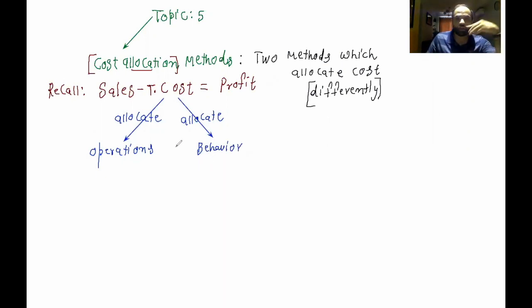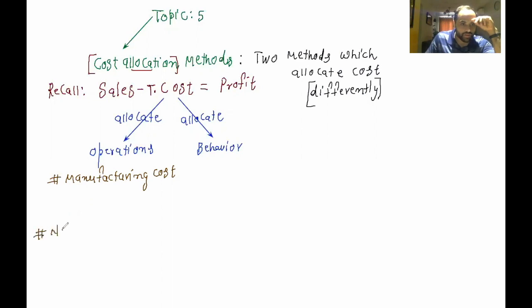Now, you know that by operations, cost is divided into 2 parts: manufacturing cost and non-manufacturing cost.